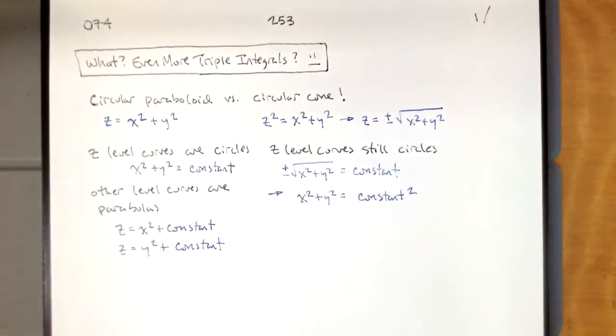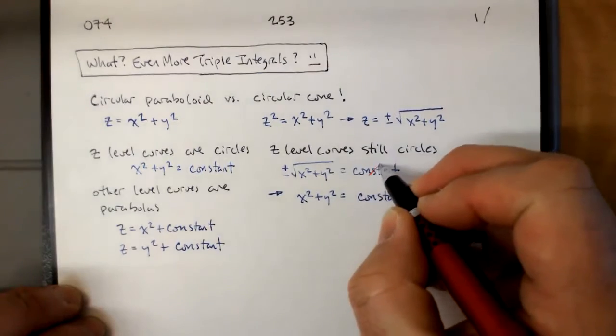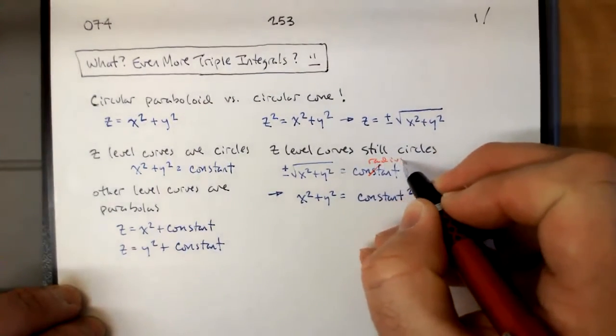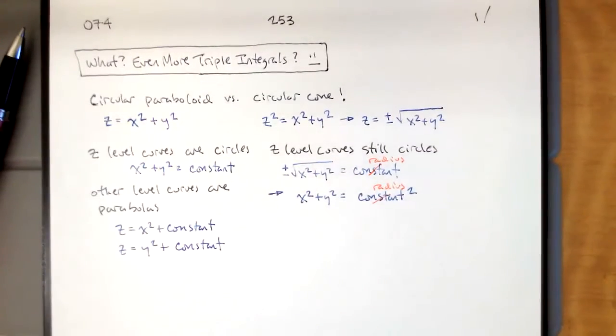And a squared constant is just a constant. So moreover, we can see that our level curves are still circles, and the constant value of z will be the radius of that circle. So our z level curves are still circles. The other level curves have this form: z is plus or minus the square root of x squared.